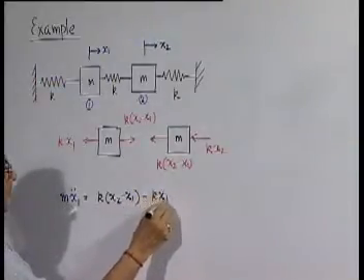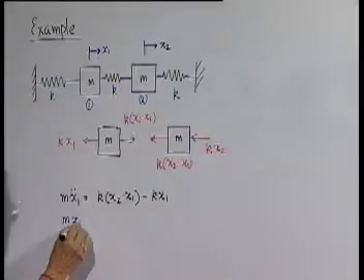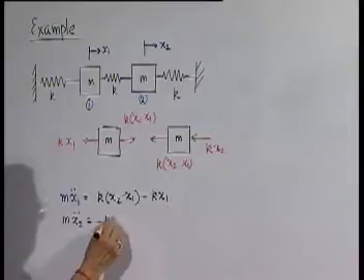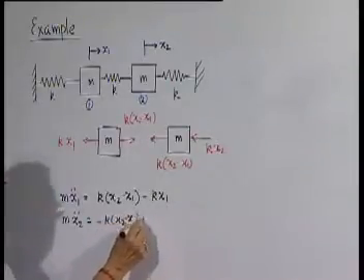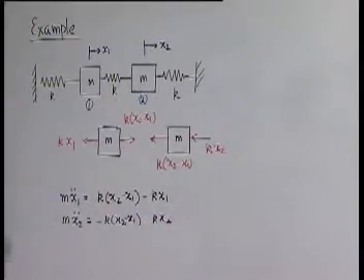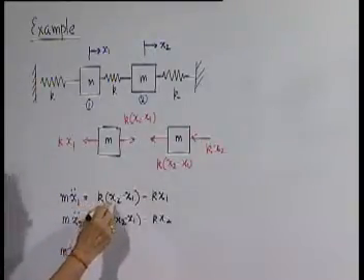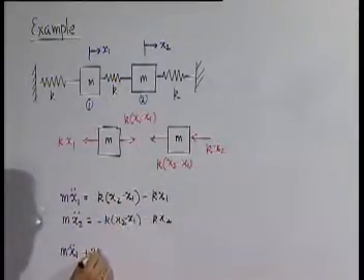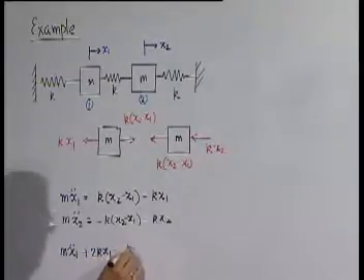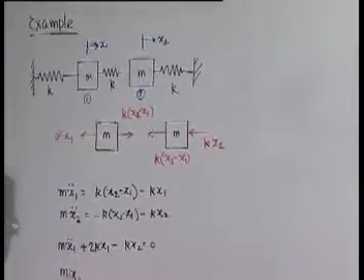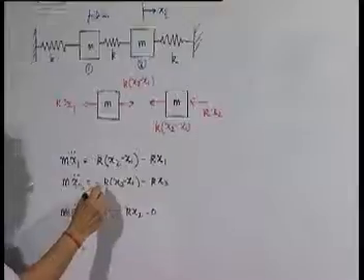So, this being the free body diagram, both are identical masses. The equations of motion can be written as, for the second body, so we can rewrite this simplifying a little bit.